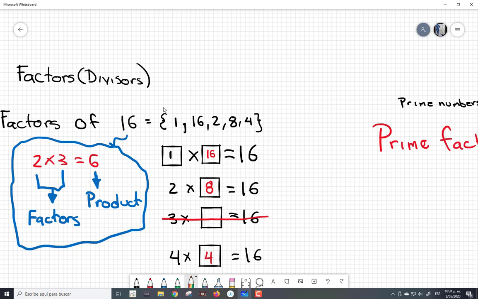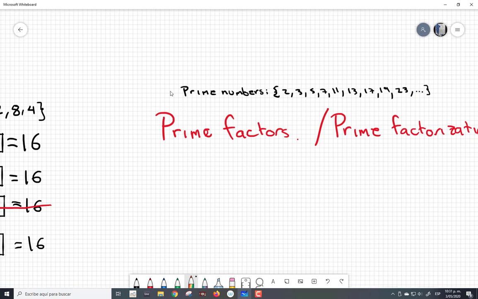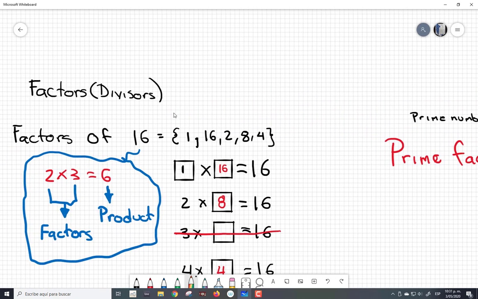Now, not all of those numbers are prime. Remember, here are the list of the first prime numbers. They are infinite, but we will probably not need more than this. So let's try to find what of the factors of 16 are prime. And here we can see that the 1 is not prime, 16 is not prime, the 2 is prime, the 8 is not prime, and the 4 is not prime also.